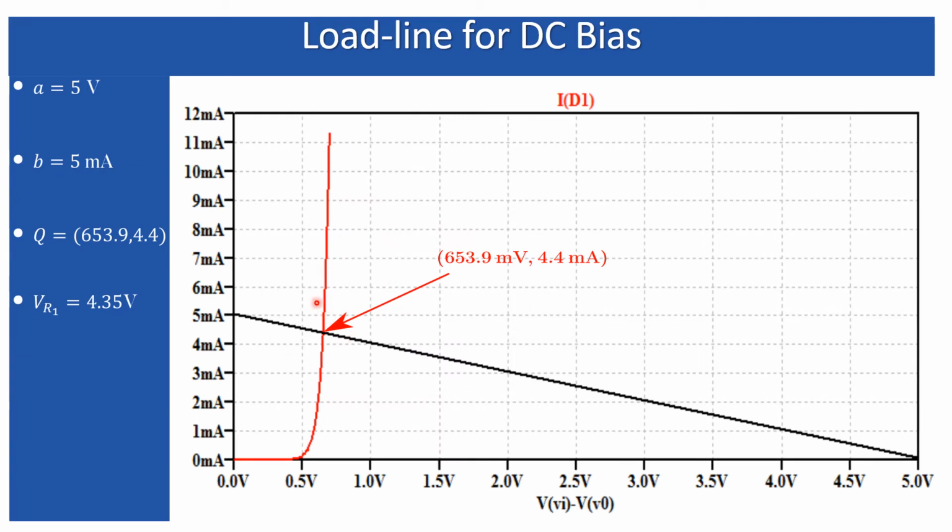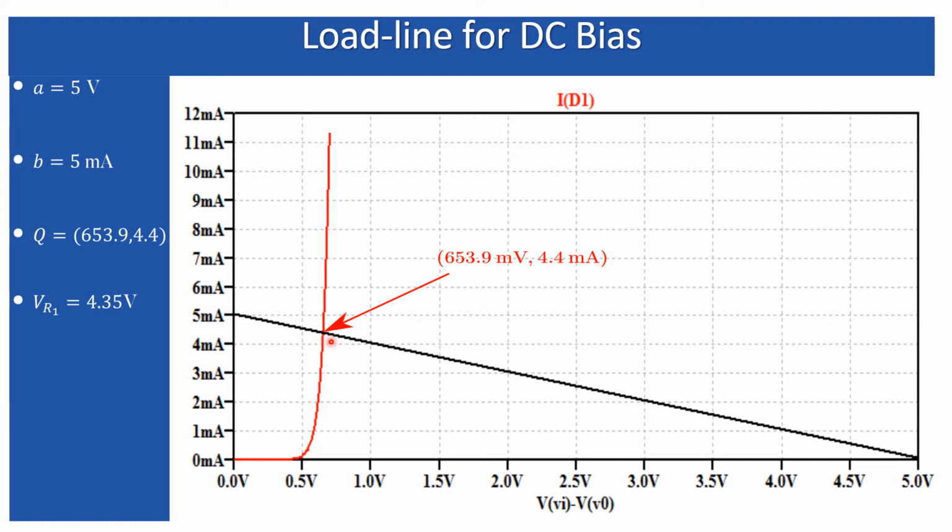Again, I have represented this diagram in order to compare my argument with the simulated results of the diode. This is the Vi characteristics of the 4148 diode, and this is the straight line representing the load line, which intersects at 5 volt with the voltage axis and 5 milliampere with the current axis. The Q point is at approximately 0.654 volt or 653.9 millivolt, whereas the current is 4.4 milliampere.